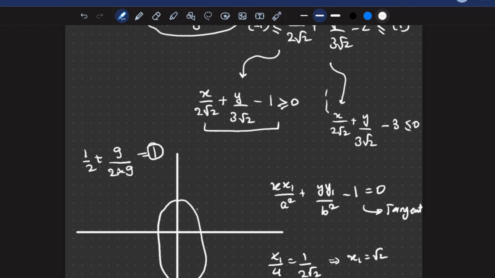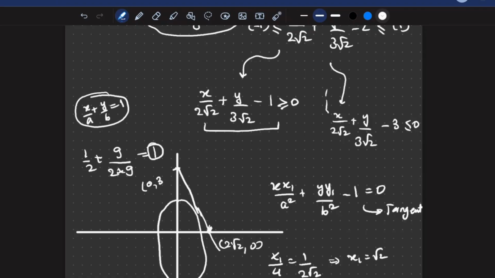So this line is tangent to the ellipse. You would have read about this form of a line, x by a plus y by b is equal to 1, so I'm using that form itself. It intersects the axes at 2 root 2 comma 0 and 0 comma 3 root 2. Why am I doing this?